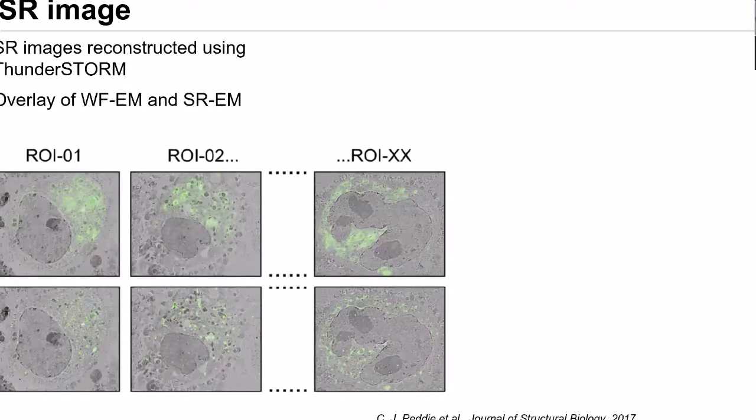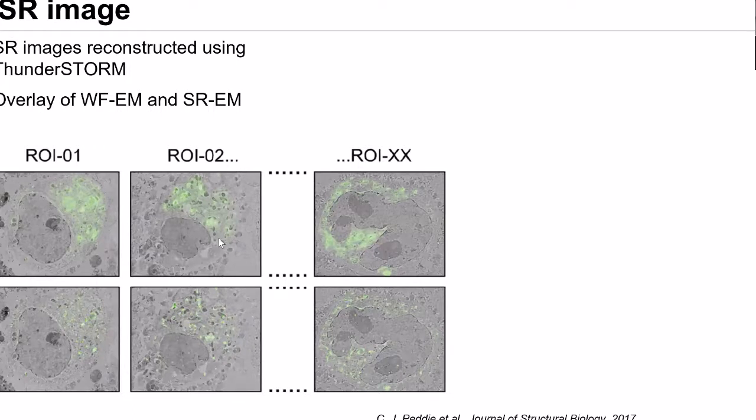The super resolution images are then reconstructed using ThunderSTORM, which is a software, and overlaid. So there is the overlay of the wide field, EM and super resolution, EM that you see here, again, is a tile of images.